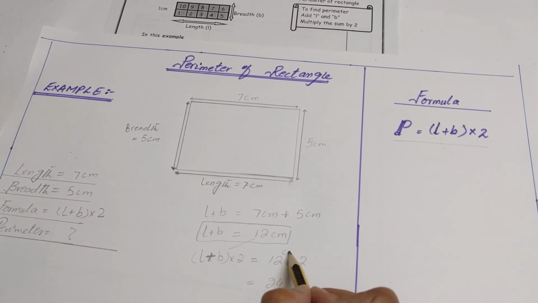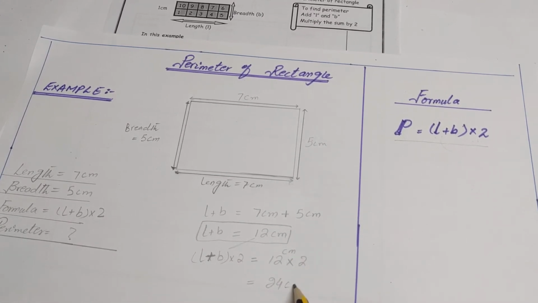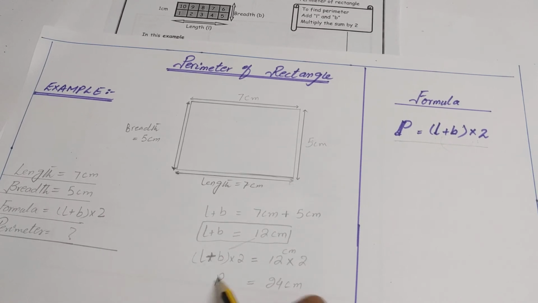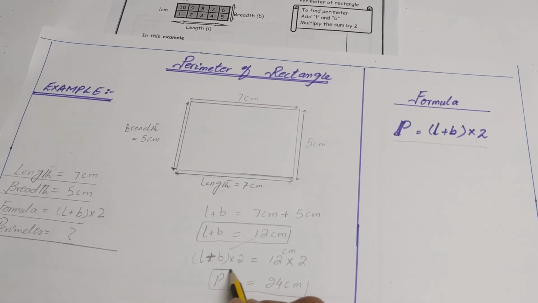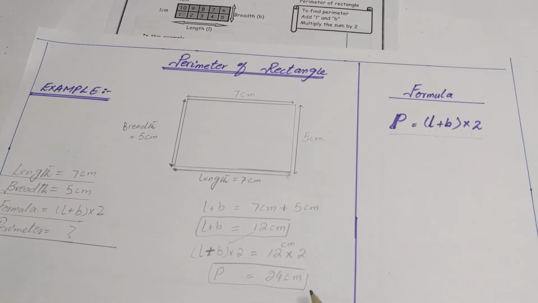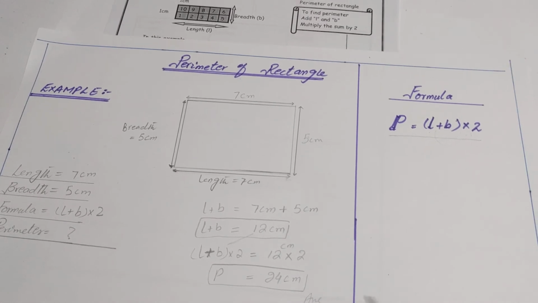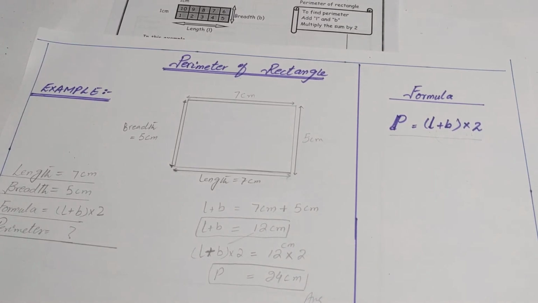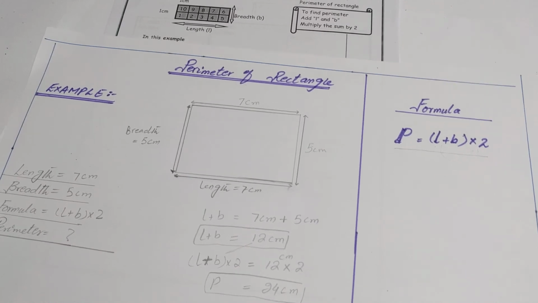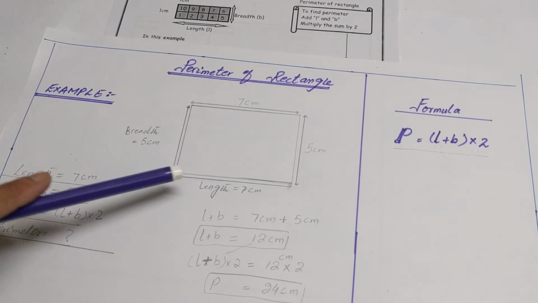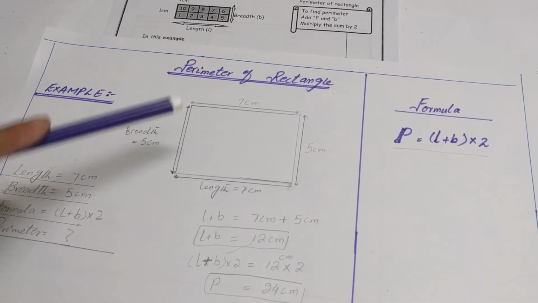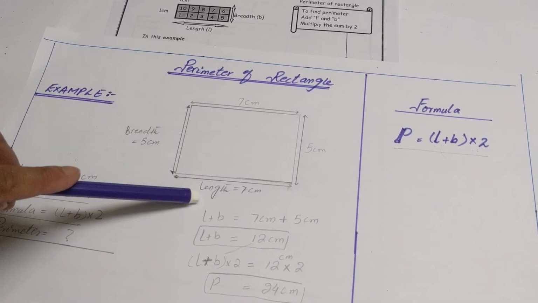And what is the unit of 12 centimeters? Don't forget to write the unit. So perimeter is equal to 24 centimeter. That's our answer. Very easy and very simple to calculate the perimeter of a rectangle. Just identify the length. If one side's length is given as 7 centimeter, the opposite side will also be equal to 7 centimeter.